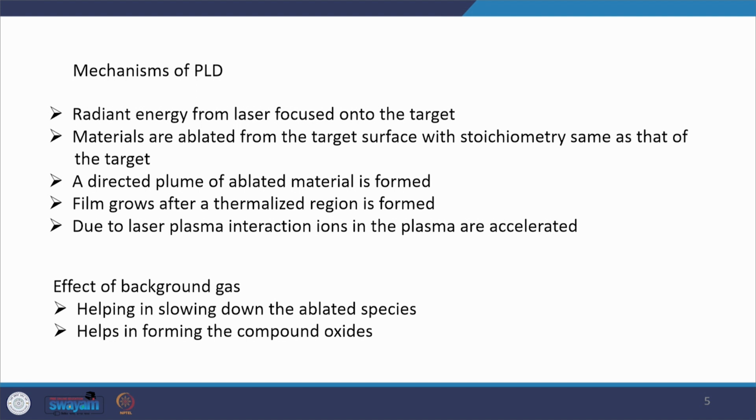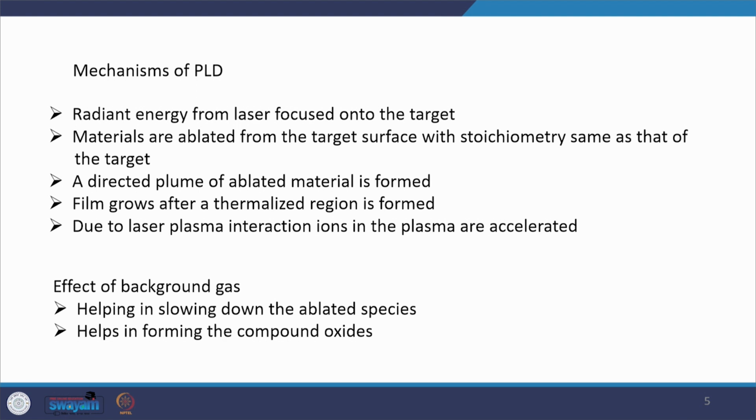So, a huge amount of energy will be focused onto a small area. Then the laser light is absorbed by the solid target, and it will heat up.